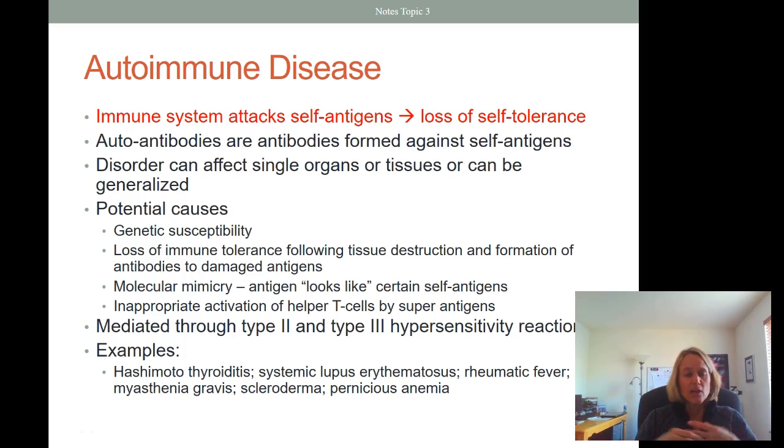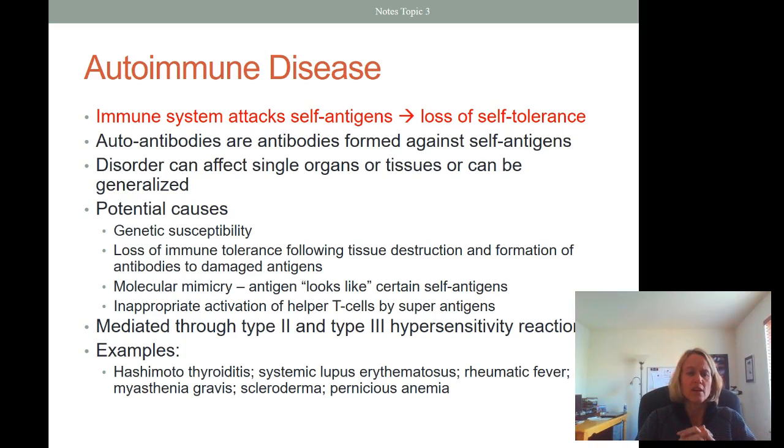There are some potential causes. There seems to be perhaps a genetic susceptibility to autoimmune diseases, a loss of immune tolerance following destruction and formation of antibodies to antigens, where foreign antigens kind of look like certain self-antigens, and inappropriate activation of helper T cells by superantigens.